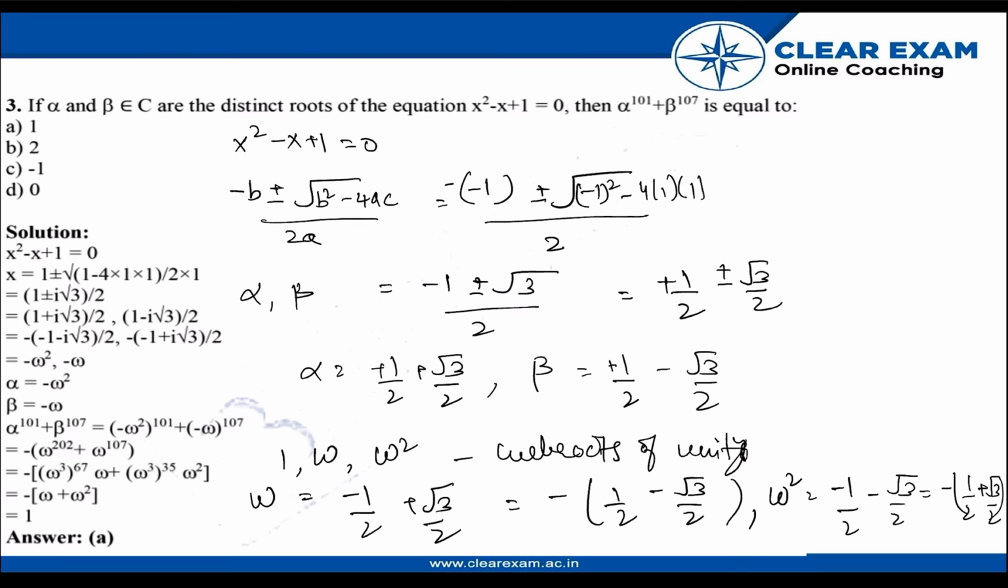Okay, now as we can clearly see, omega is equal to minus beta, and omega square is equal to minus alpha.